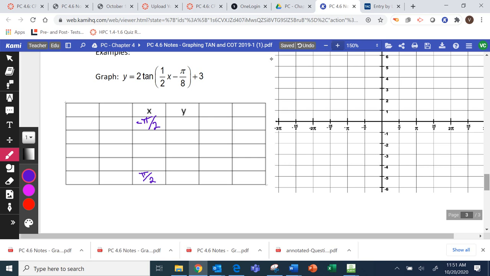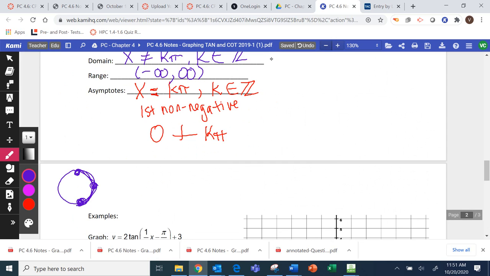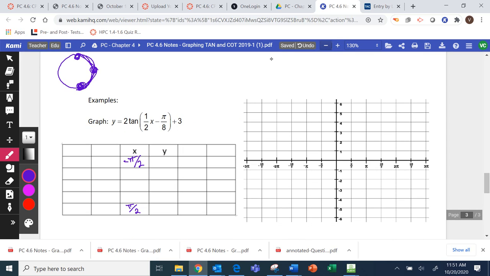So there's something you have to remember. And then from there, if you don't remember anything else, you can get everything else, because I can say, what's exactly in between these? 0. What's exactly in between these? Pi over 4. Negative pi over 4.